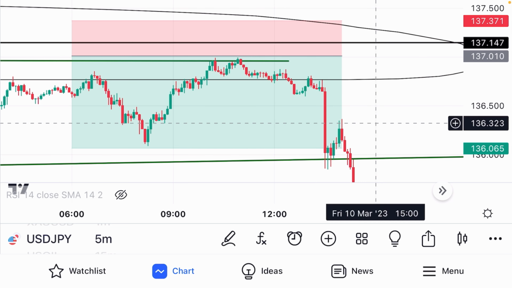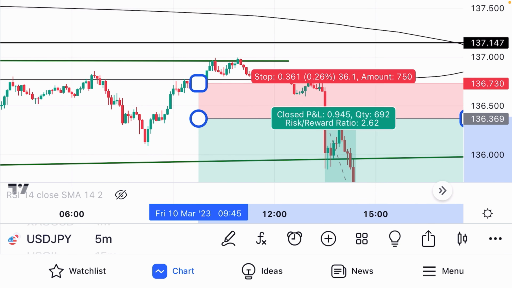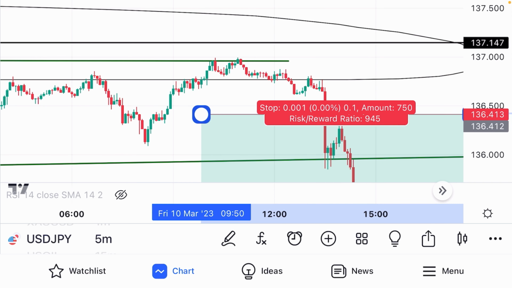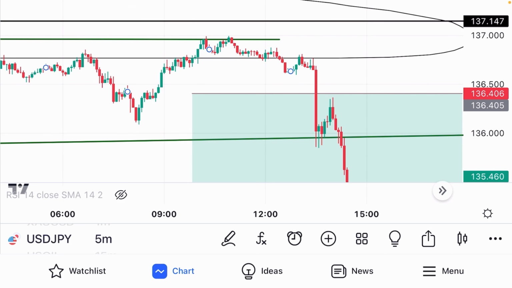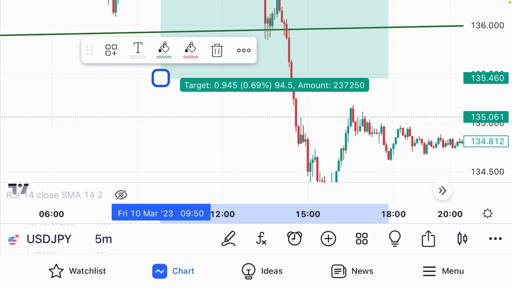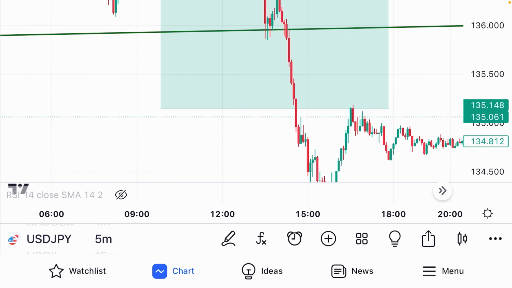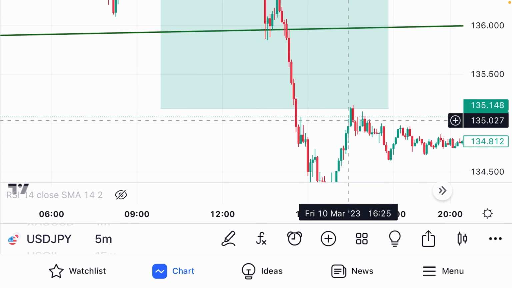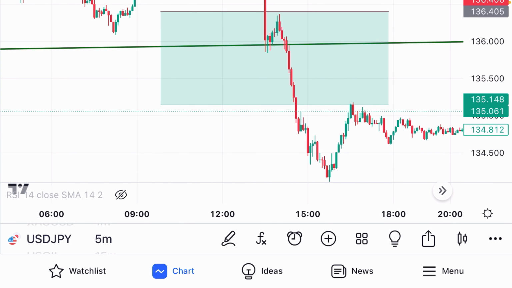So I trailed my stop loss from here to here. As you guys could see, my stop loss was moved to profit, and I had collected half of my profit. I trailed my stop loss to somewhere here, and I got stopped out right here, and I got out with a beautiful trade.